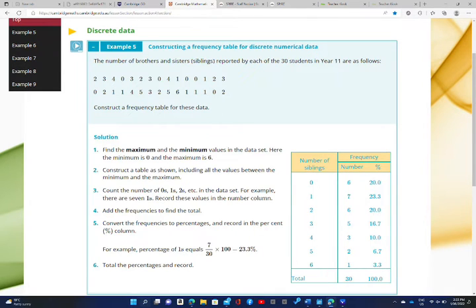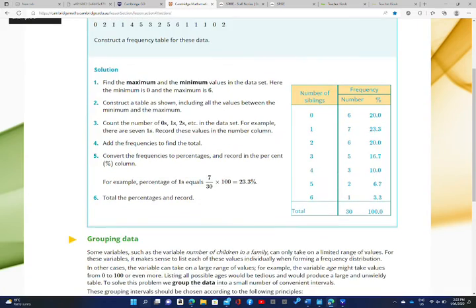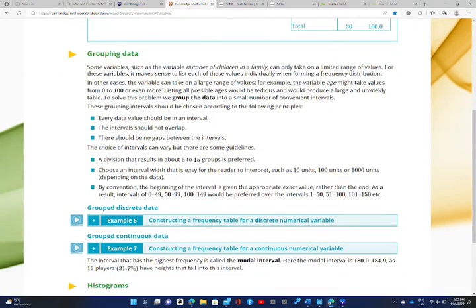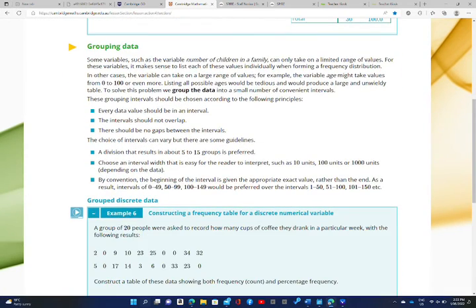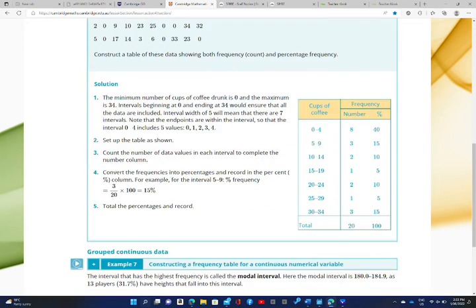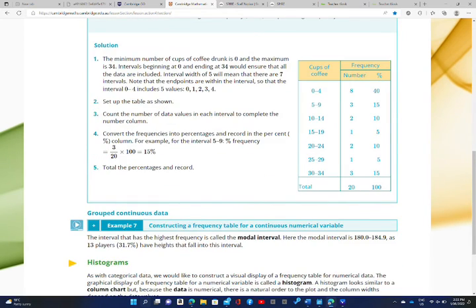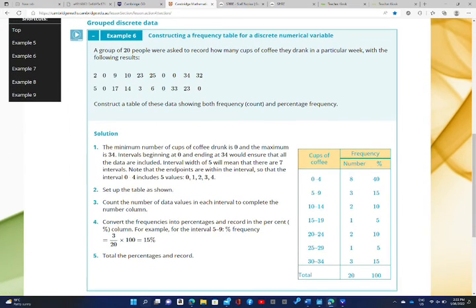Now, when you look at the data and the way you organize it, you can also have a range of things. So here we have a group of 20 people. We're asked how many cups of coffee they drank, and they just broke it up into groups of 5 digits. 0 is a digit, so that's why it's 0 through 4.